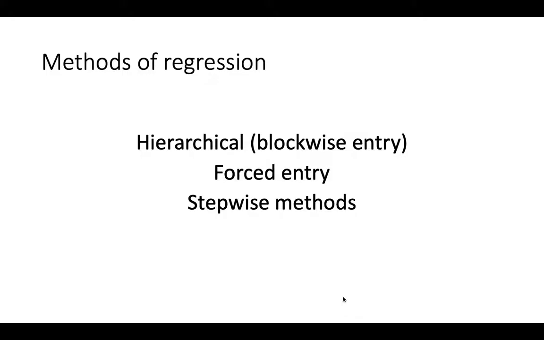The second one, forced entry, is when all predictors are forced into the model simultaneously, so there is no order of entering. The third one is the stepwise methods, which, due to some mathematical drawbacks, should be avoided and only used in exploratory models. So if you have any previous knowledge on your variables or some of your variables, it is better to use the hierarchical entering.